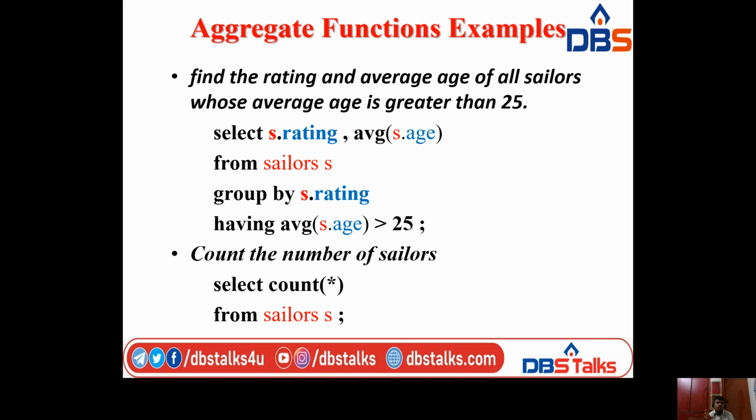First of all, we do the grouping and then apply some aggregate function, and for that average function we provide the comparison operation. Here average is the aggregate function. Only if average S dot age is greater than 25 can it display. Now this is about the having.